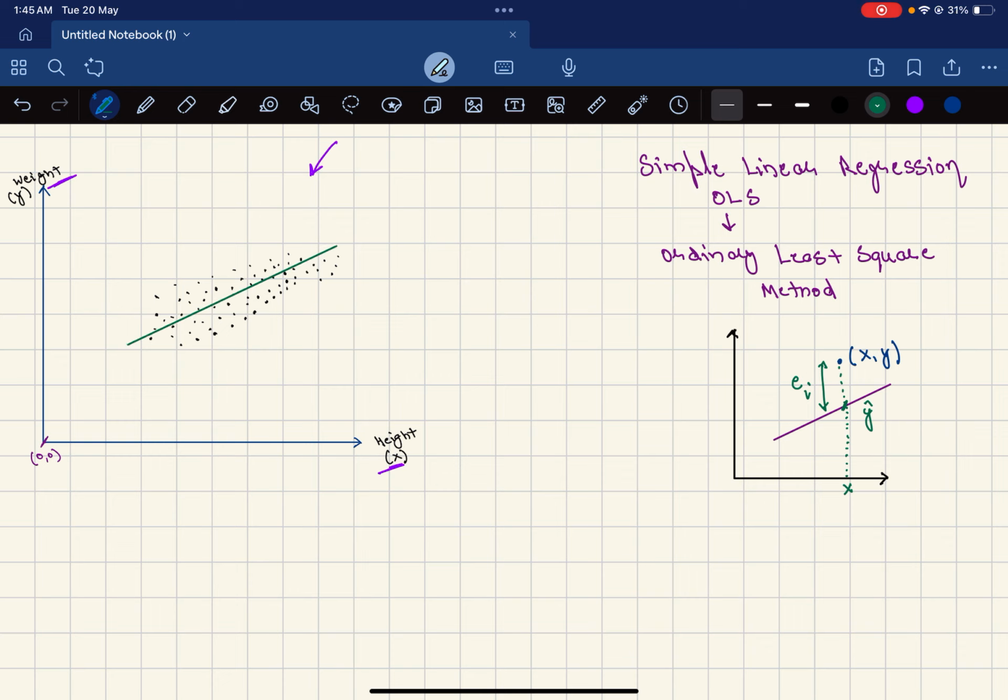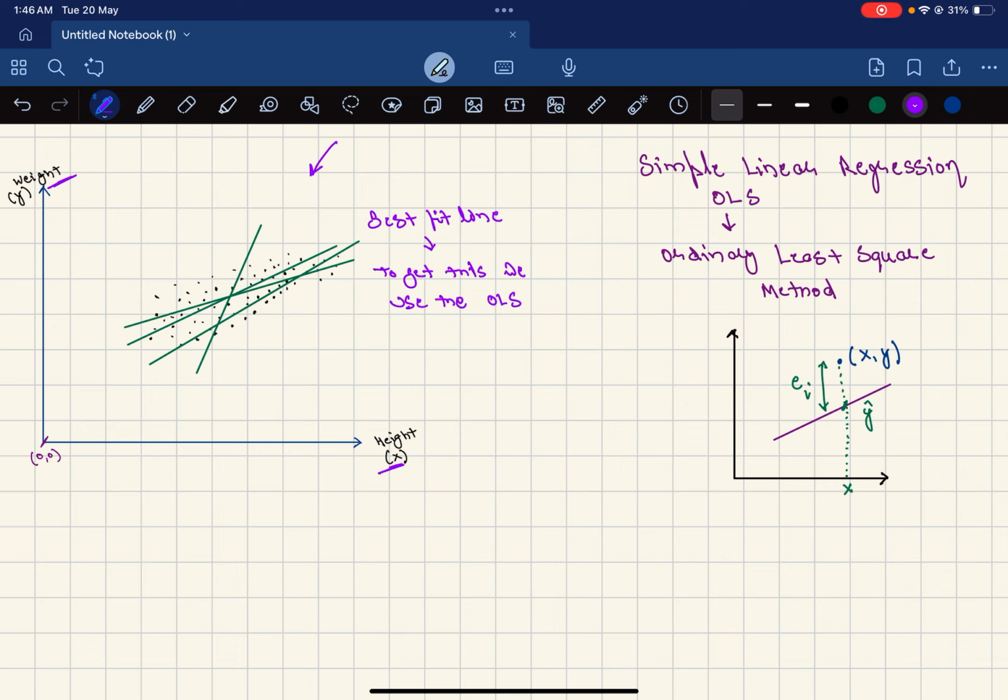It could be this particular line, it could be this line, it could be any of these best fitted lines. So the criteria to get the best fit line is the OLS criteria.